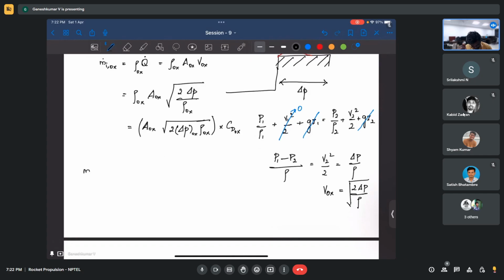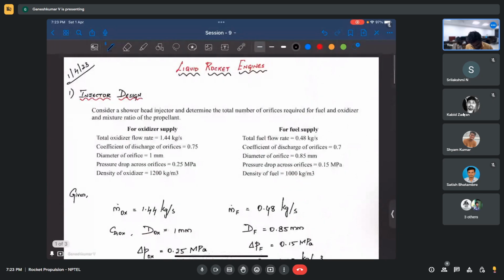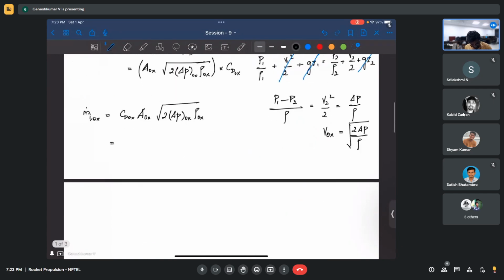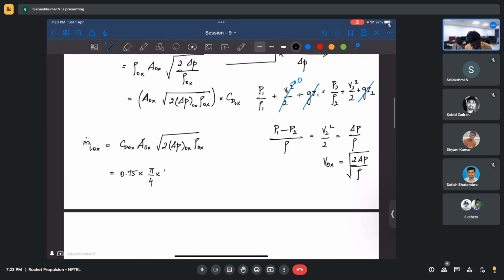So we understood that we can find the mass flow rate of oxidizer through a single orifice. This is for a single orifice: C_D of orifice, area of orifice, into square root of 2 into delta P of the oxidizer orifice, and then rho of oxidizer. I think all of this is given. What is C_D? Coefficient of discharge, which is 0.75, and then area of oxidizer is pi by 4 into d oxidizer the whole square, where d oxidizer is 1 mm, 0.001 square, right?